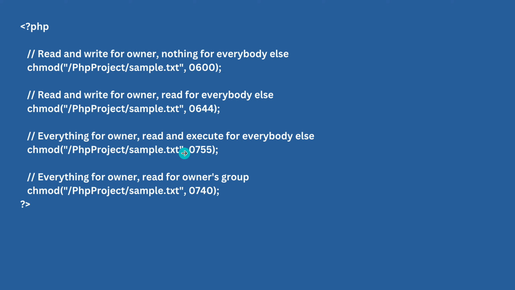You guys are awesome. What is the meaning of this? The owner has all permissions. The user group has execute and read permission, 5 means execute and read, and others also have execute and read. So the owner has permission for everything: read, write, execute. The user group has read only, and others have no permission.